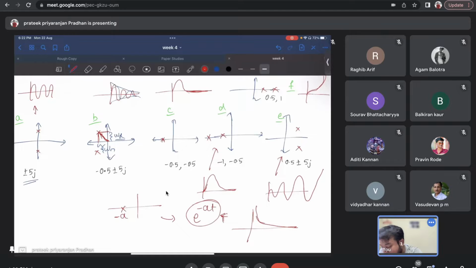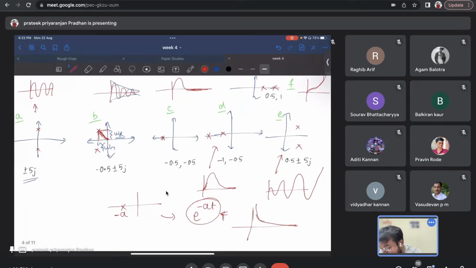When the poles are the complex conjugates, the vector has a real part and some imaginary part. I can write it as a plus jb. The b part will try to make the oscillations, but the a part will try to converge it.